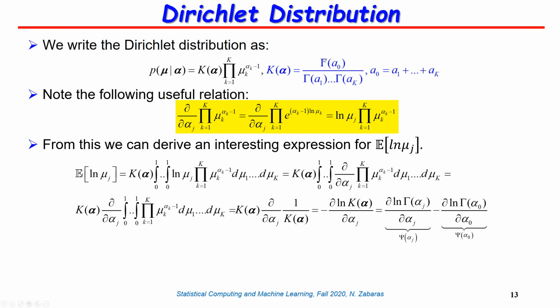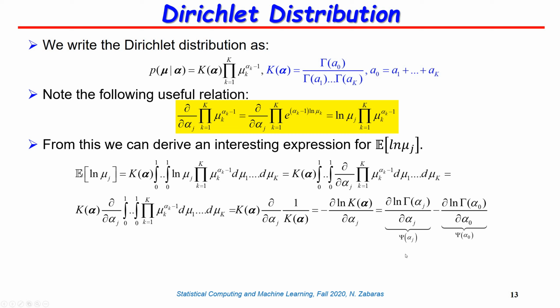So you notice when you take logs of k of a, you're going to get log of gamma of A0 minus the summation of the logs of all of these gamma of Aj's on the bottom, right? So when you take derivatives with respect to the Aj, you're going to get one contribution from the term in the numerator, and then only one contribution from the term gamma of Aj. The rest of the terms, once you take logs, will not give you any contribution. They don't depend on Aj.